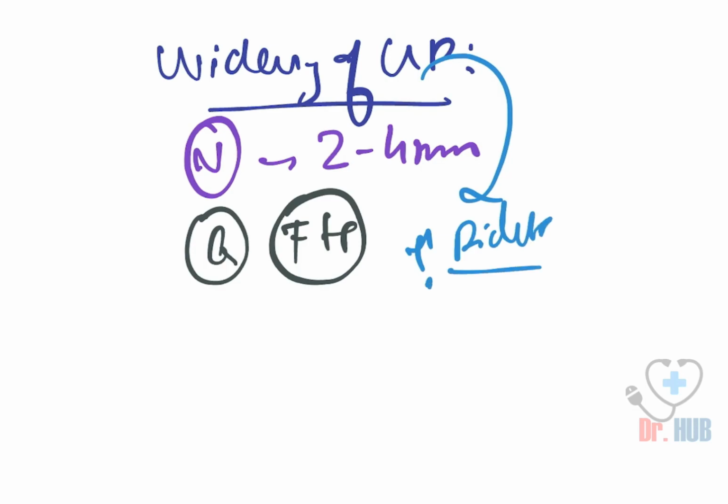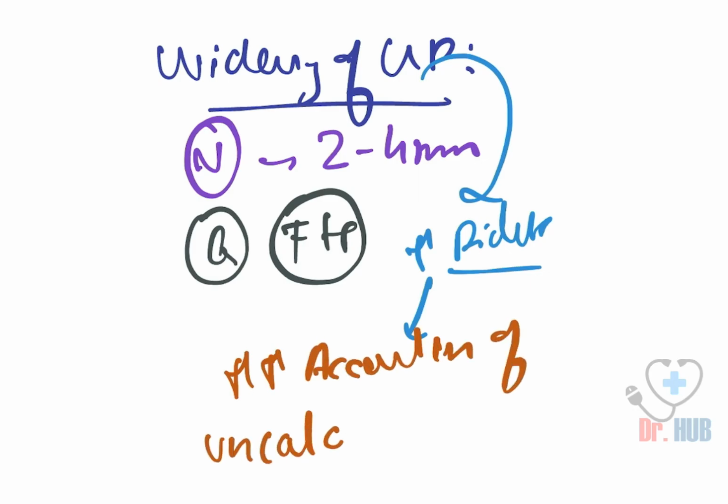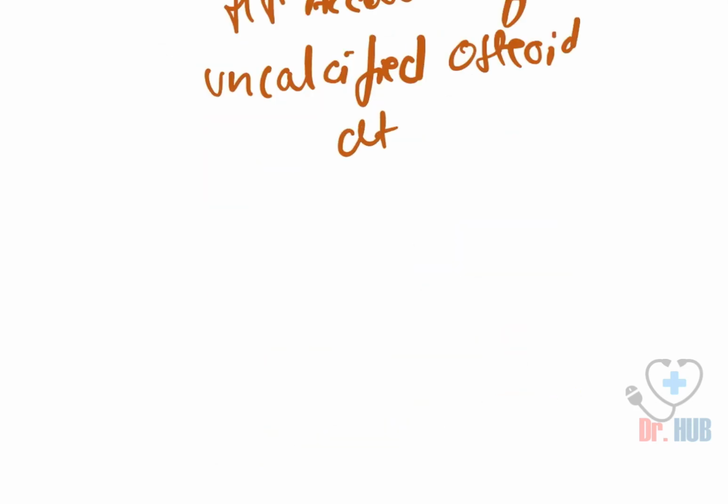And this is due to the excessive accumulation of the uncalcified osteoid at the growth plate. So this has to be known.